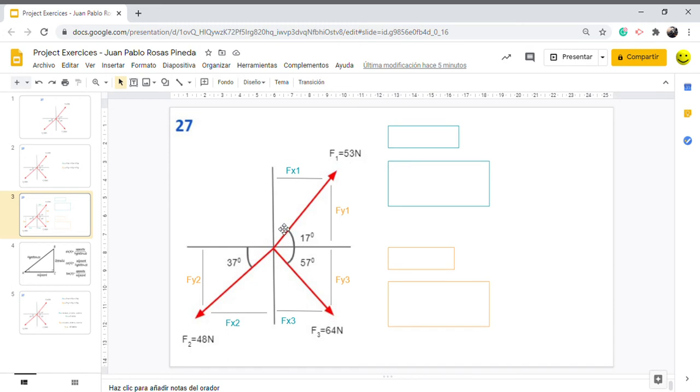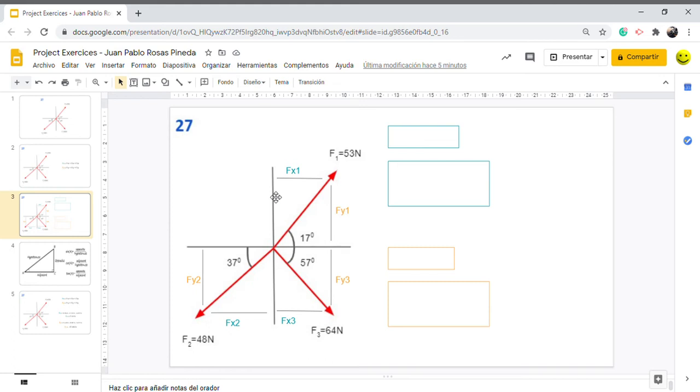In this case, it's the hypotenuse, which is 53 newtons, and we have an angle that is 17 degrees. Because we're starting with the fx, and the fx is the horizontal line, this is going to be the adjacent, because the angle is parting from here, right? So this is going to be the adjacent.